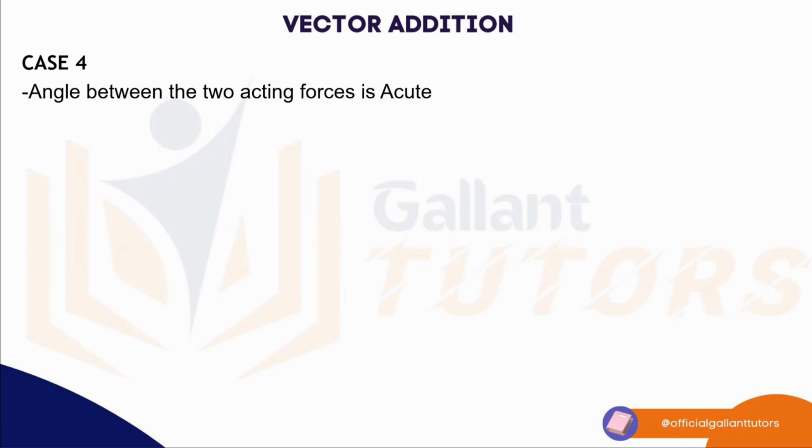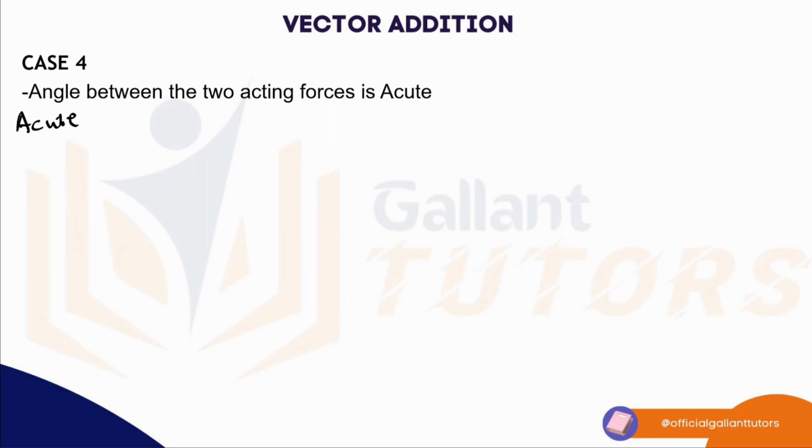Angles between the two acting forces is acute. So when the angle between the two acting forces is acute, how do we find the resultant? Before you get that, we first have to understand what acute means. Alright, not acute disease, biology student.